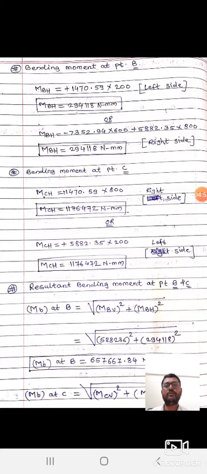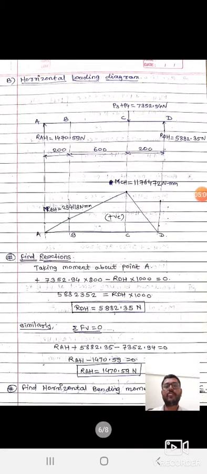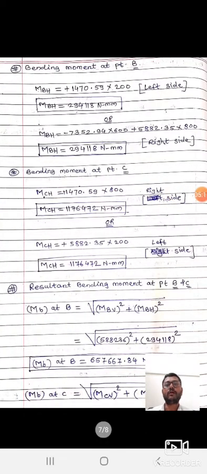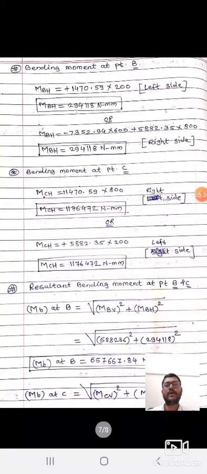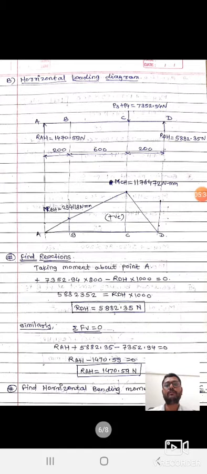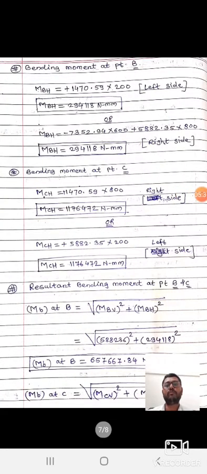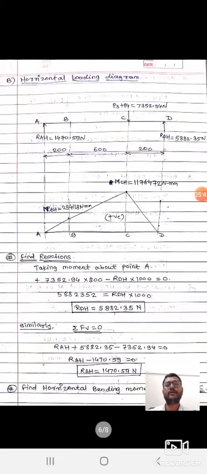Or, in another way, we can calculate the same bending moment at point B by considering the right side forces of point B. Here the right side forces are nothing but the force at point C and at point D. These are the two forces acting to the right of B. So to find the horizontal bending moment at point B, it is equal to minus 7352.94, into 600, that is the perpendicular distance.